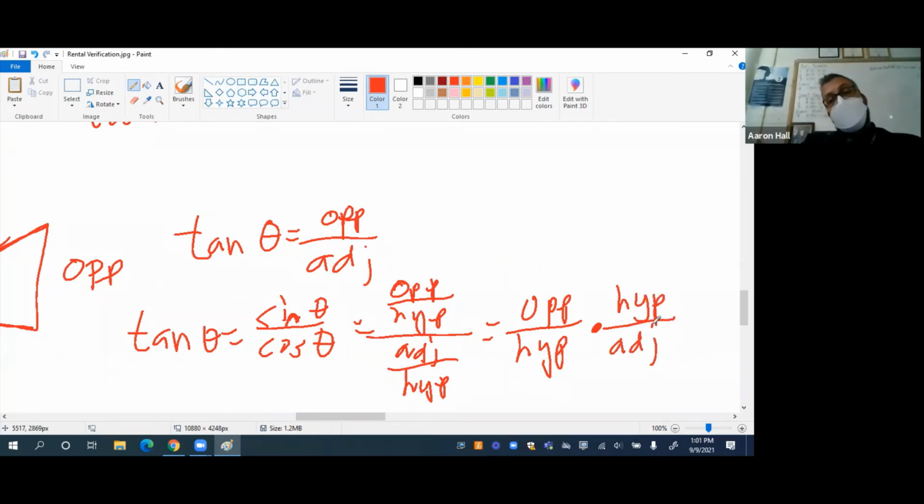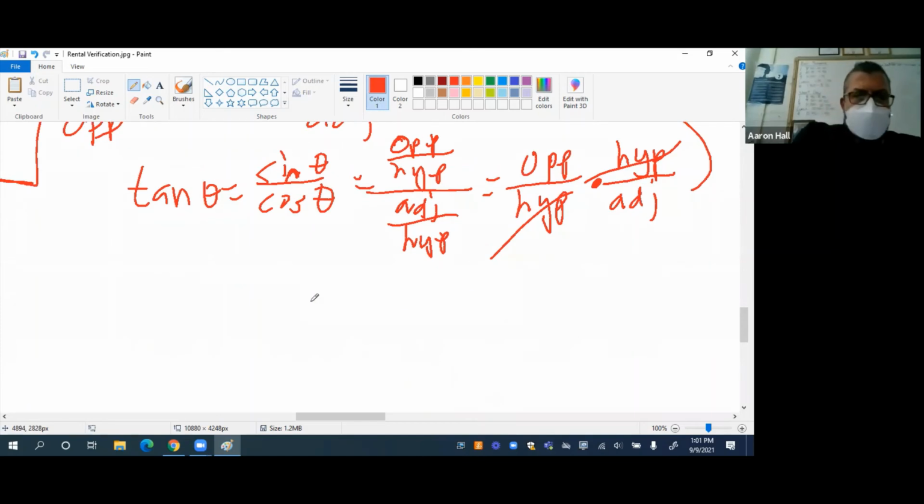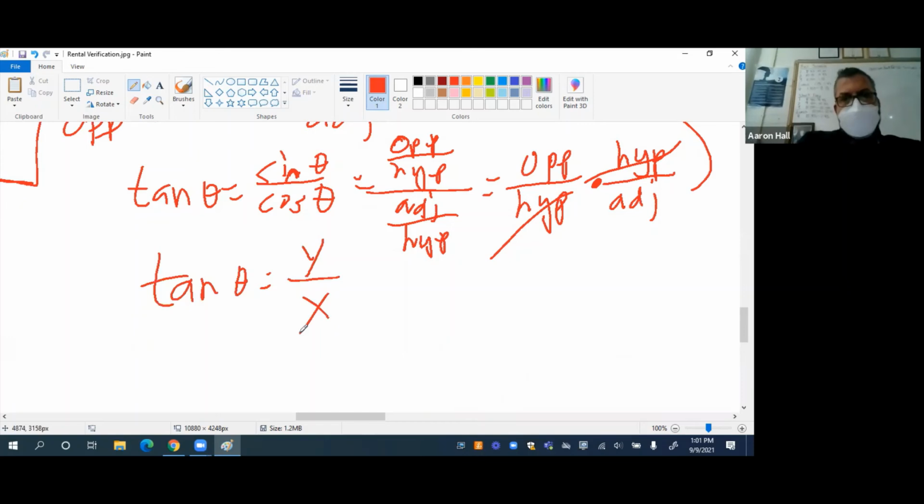When we simplify, cross simplification, does that give us the same thing? Yes. So tangent of theta equals what ratio? Sine over cosine. Well, what if sine is what, x or y for a unit circle? Y. So we're saying that tangent of theta equals y over what? X. Crazy stuff.